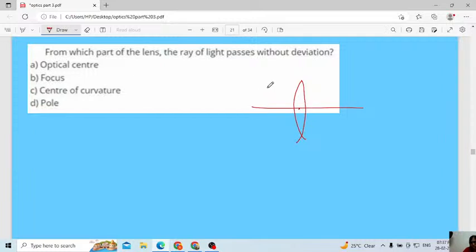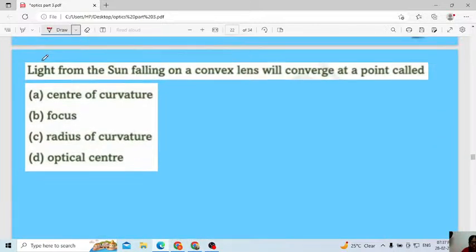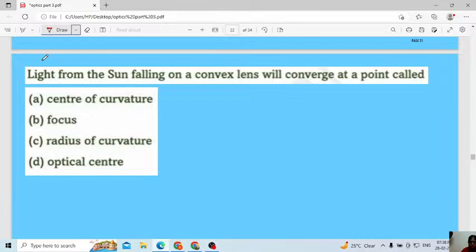At the optical center only, the ray passes without deviation. Then what is the correct answer? Option A, optical center. Next, light from the sun falling on a convex lens will converge at a point. Very easy question. At which point will it converge?